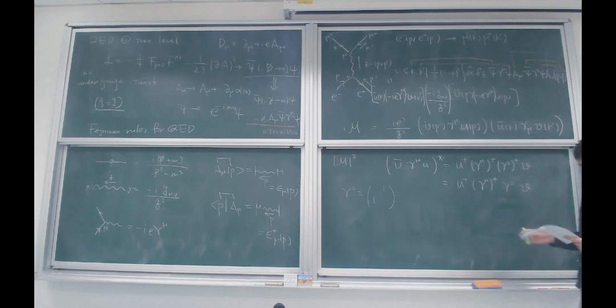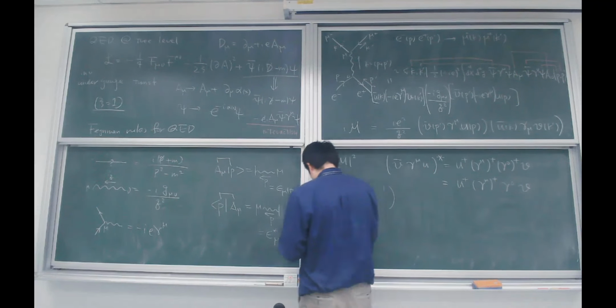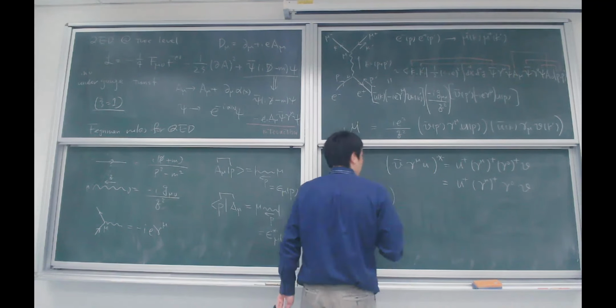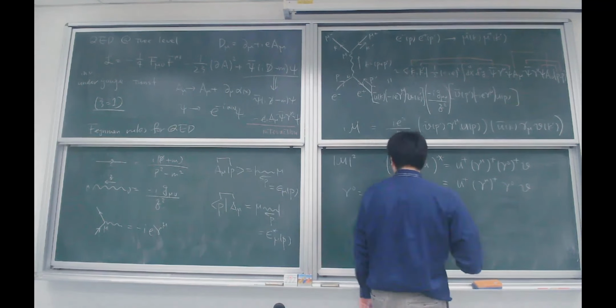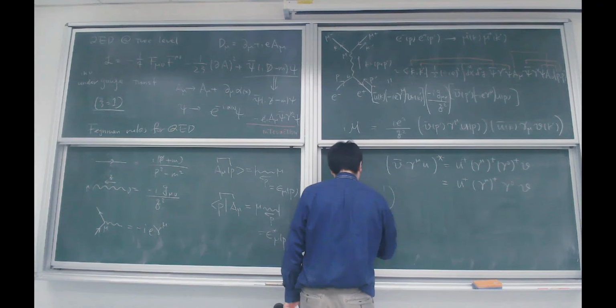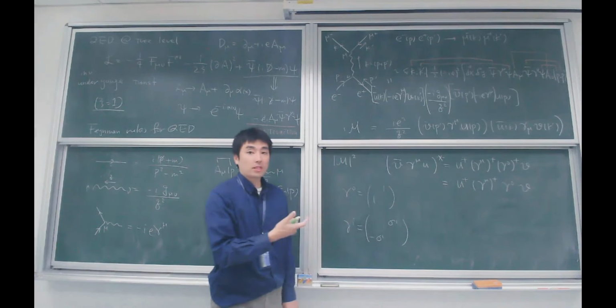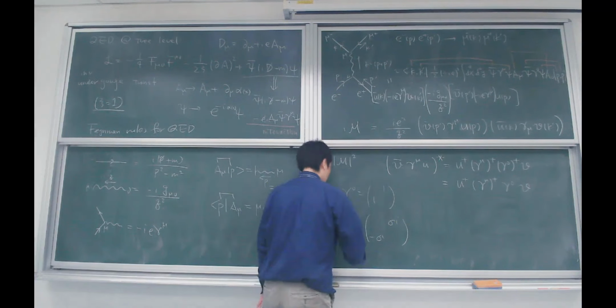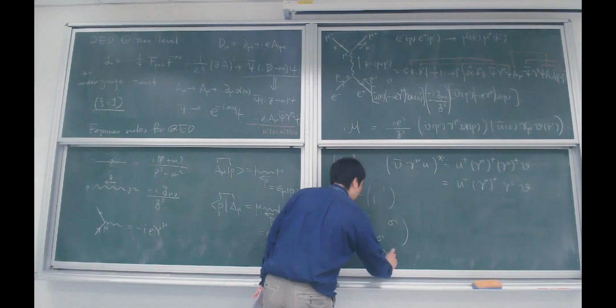So then we use the Clifford algebra. And gamma i is sigma i and minus sigma i. If you take a complex conjugate, gamma i dagger is equal to minus gamma i.